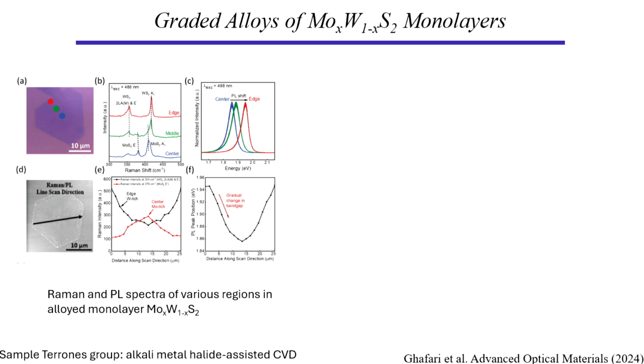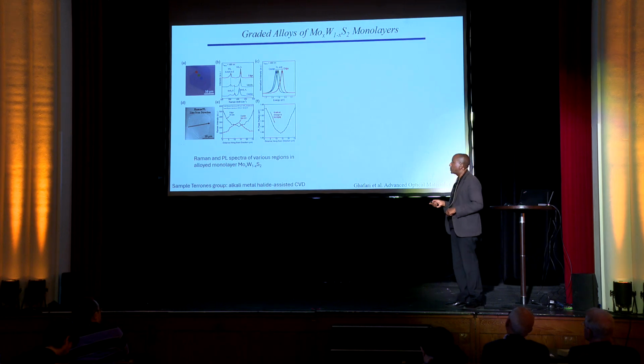And if you stay in one of these peaks and plot as a function of distance going from the outer layer into the center, you get this tunable Raman intensity. The same with the molybdenum side, which is smaller and then increases towards the center and then decreases backward as you go to the edge.